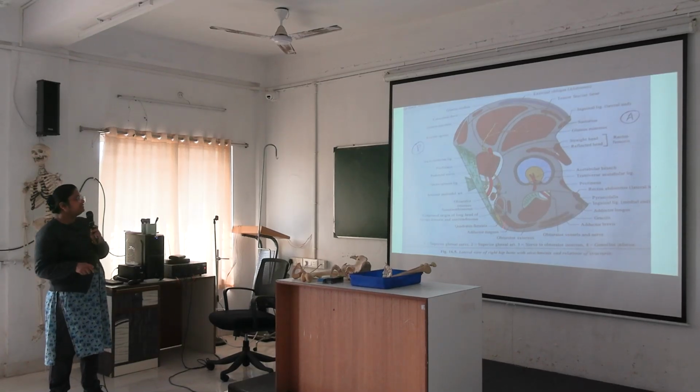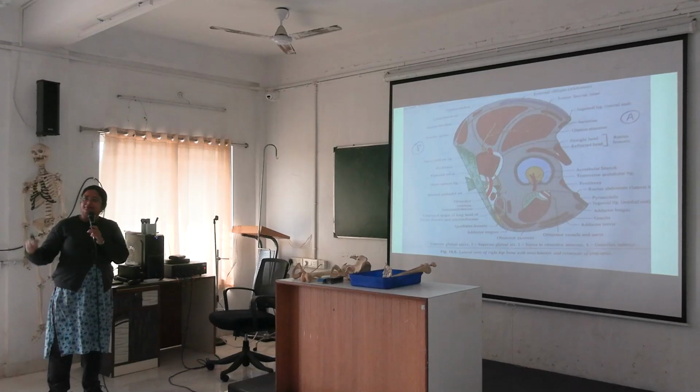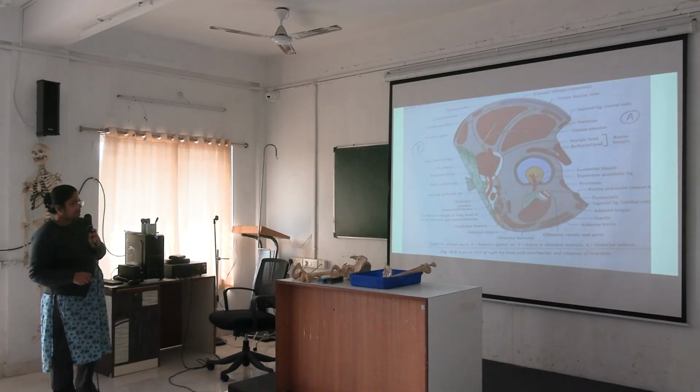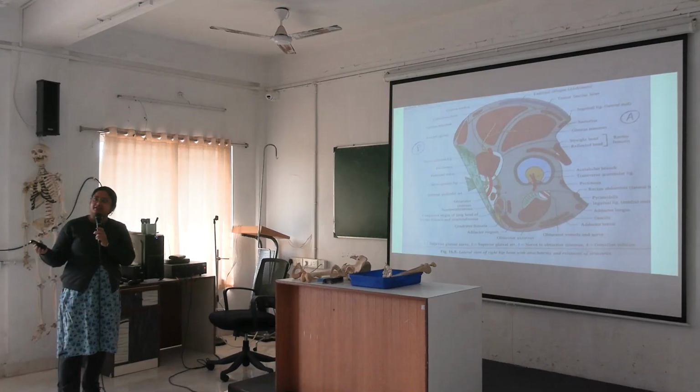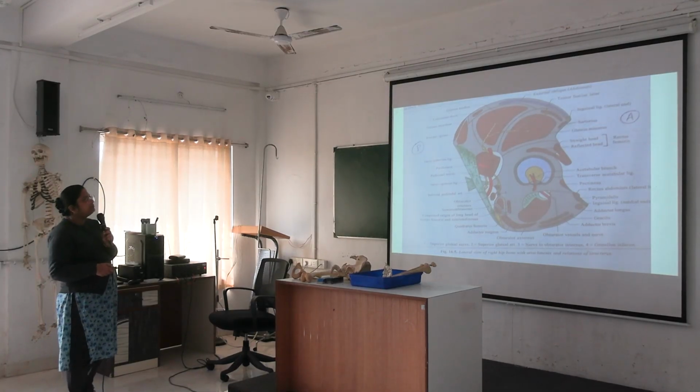Below the piriformis, these structures: the inferior gluteal vessels, the sciatic nerve and posterior femoral cutaneous nerve, all come out. Nerve to obturator internus, nerve to quadratus femoris, all these come out below the piriformis.